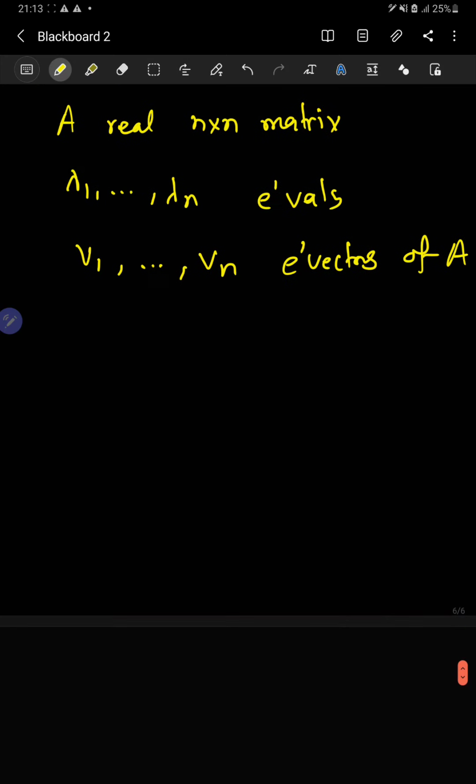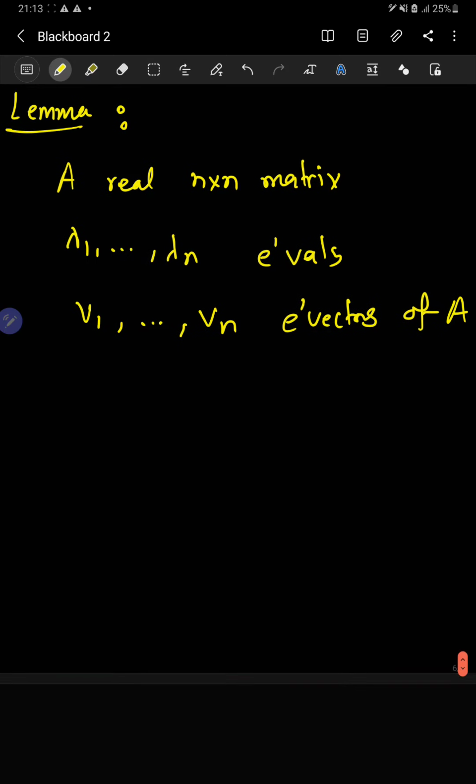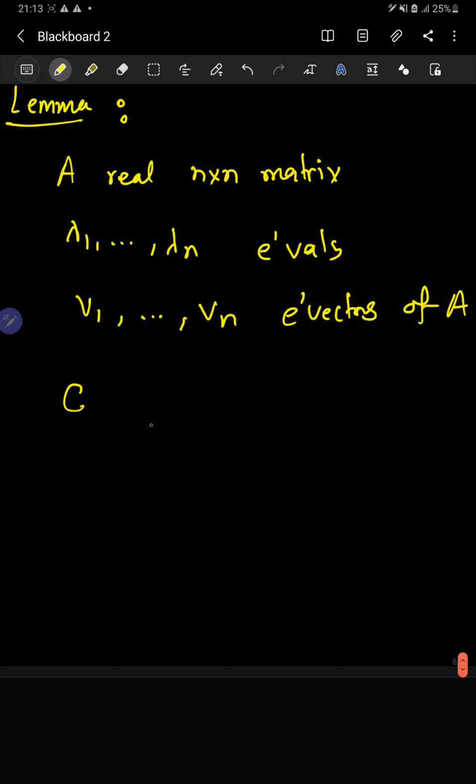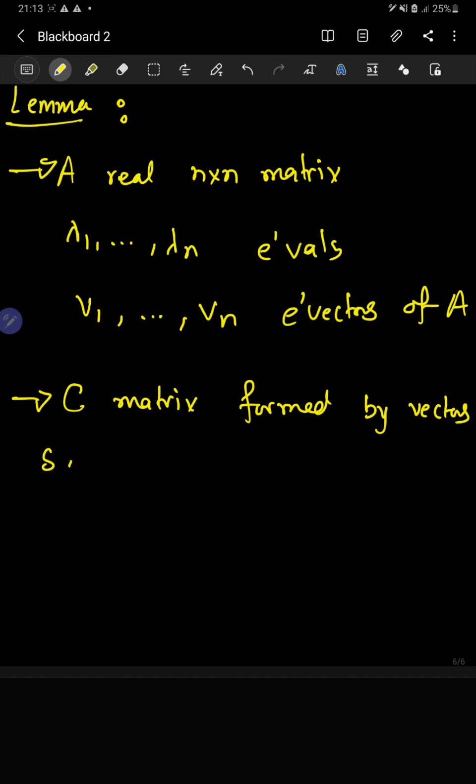and we have a matrix C, which is formed by the vectors vj as the jth column.